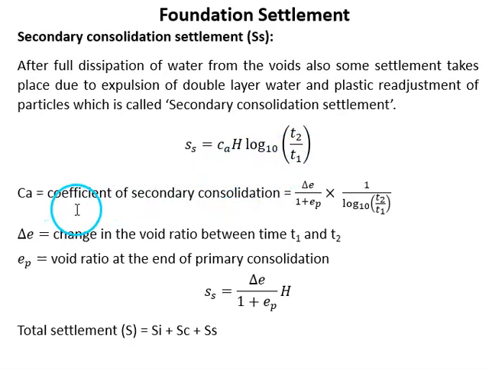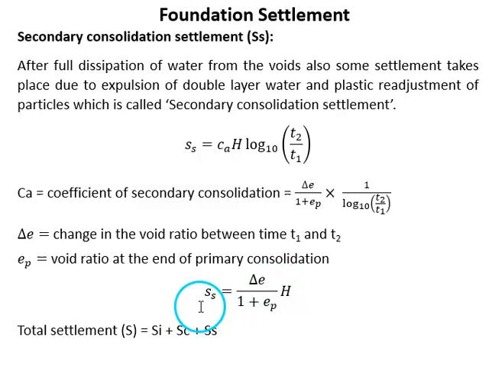Here Ca is the coefficient of secondary consolidation, which is given as delta e by (1 plus ep) into 1 by log to the base 10 of t2 by t1. Here delta e is the change in void ratio between time t1 and t2, that is the time after primary consolidation and at the end of secondary consolidation. ep is the void ratio at the end of primary consolidation.